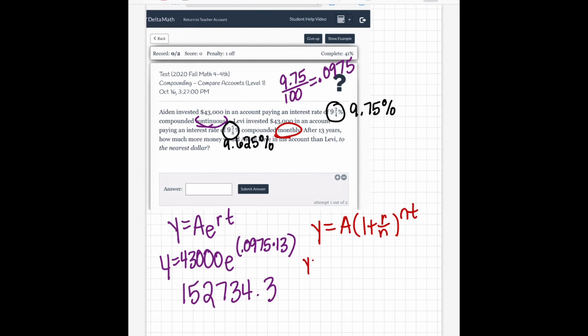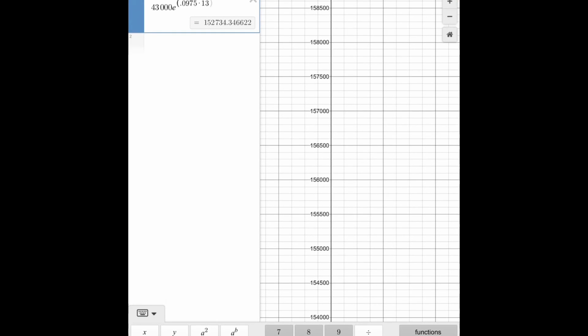So now we're going to compare this to Levi. Levi had 43,000. He had an interest rate of 9.625. So when we divide that, yes, it's going to be a long decimal, but you got to write the whole thing. Divided by 12, and then we're going to raise that to 12 times 13.